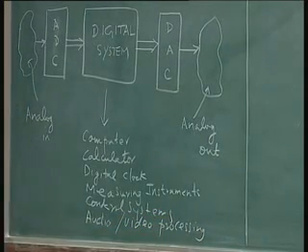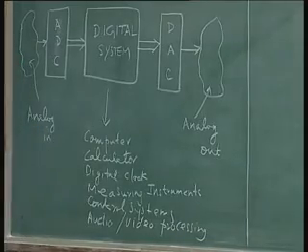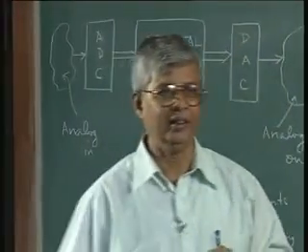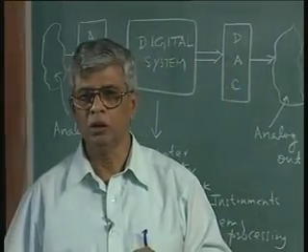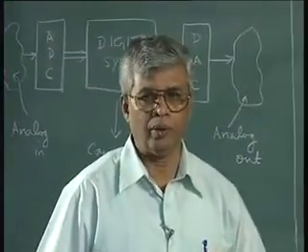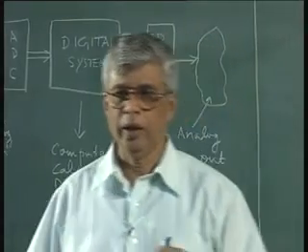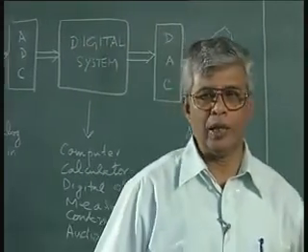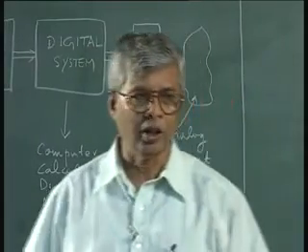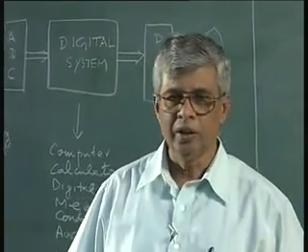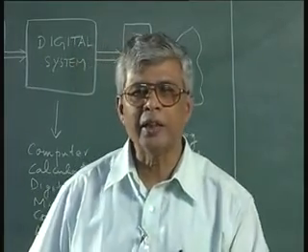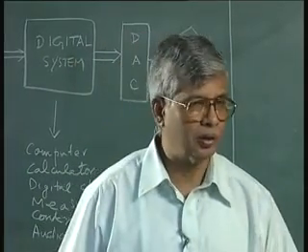So it's all right that we want to push as much of this processing into the digital domain as possible, for the reasons of cost, reliability and ease of design. But how complex the system is going to be depends on the application. That's what I'm trying to say. Obviously a computer, today's computer, we talk of Pentium, P3 or P4, whatever it is called, all these different versions running at gigahertz clock speeds, the complexity of the circuitry inside is enormous.